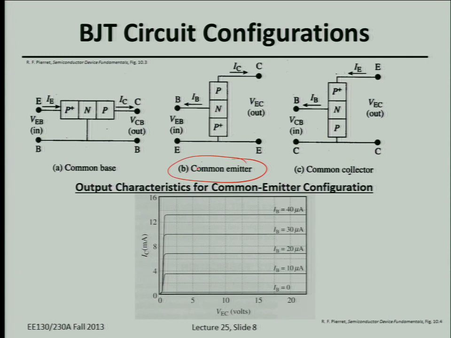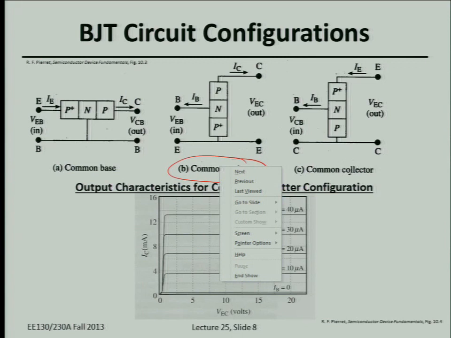So one of those 3 terminals has to be common between the input and the output. That's why we have these configurations called common base, where the input and output both share the base as a common reference terminal, or common emitter, where the input and output share the emitter as a common terminal. So let's focus on common emitter.